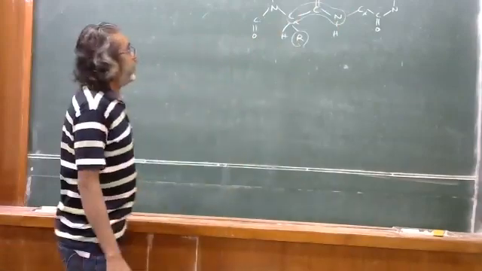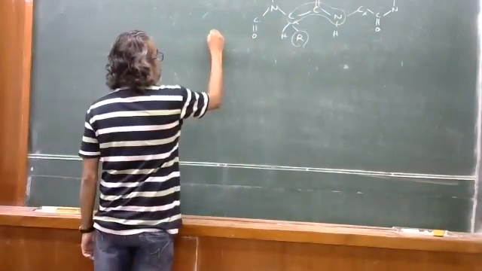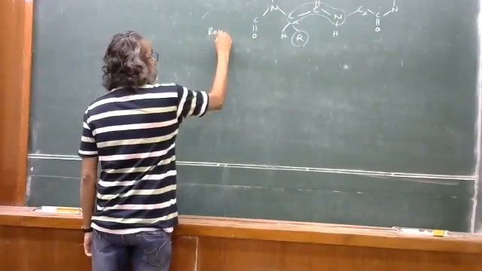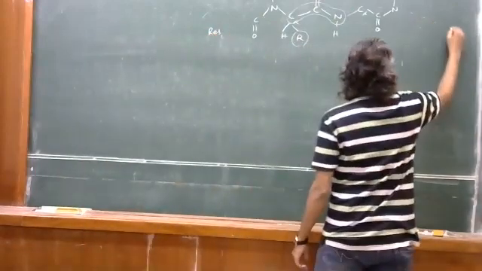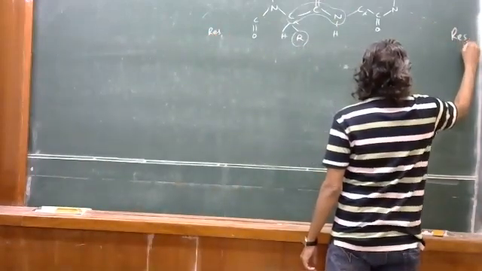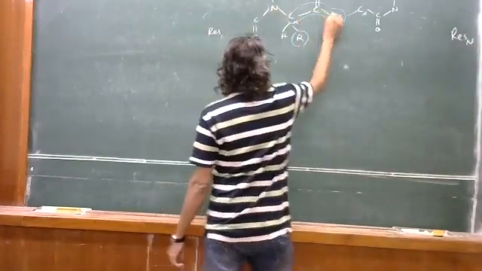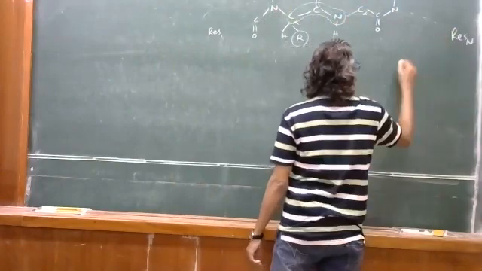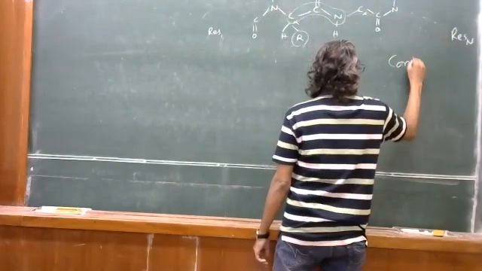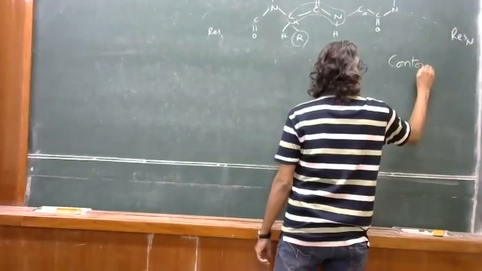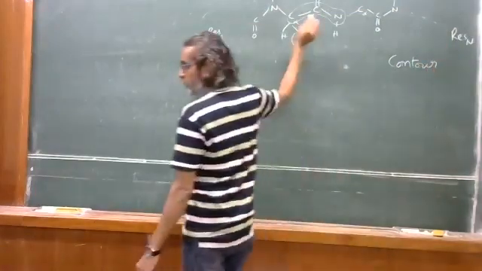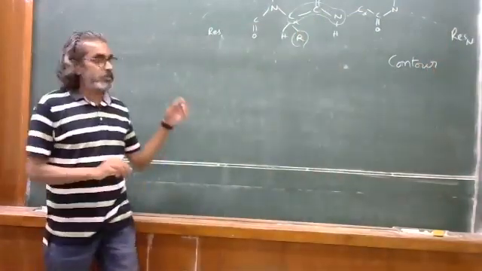Okay, so if you walk along from residue 1 to, let's say, residue n, the length if you walk along the backbone is actually called a contour length, because you are mapping the contour of the protein.